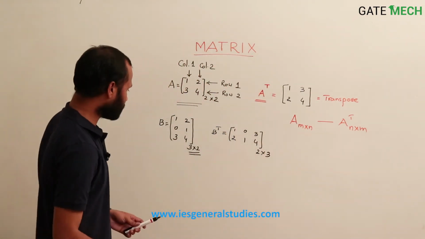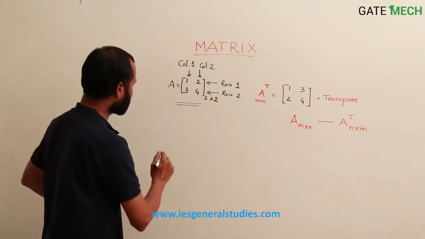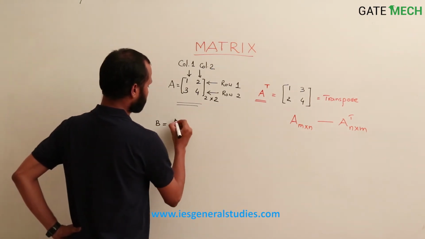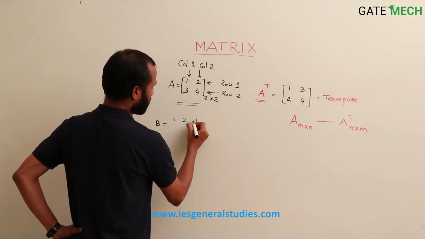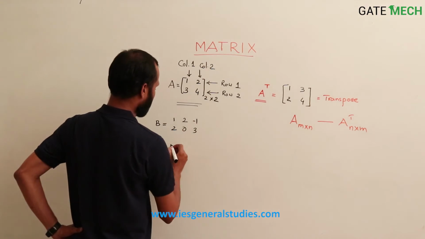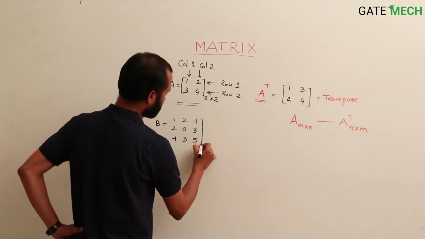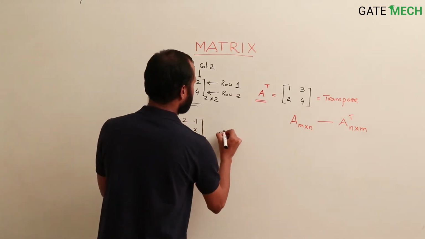Okay. Now one more example. Suppose matrix B equal to 1, 2, minus 1, 2, 0, 3, minus 1, 3, 5. This is B. Can you write what would be the B transpose?